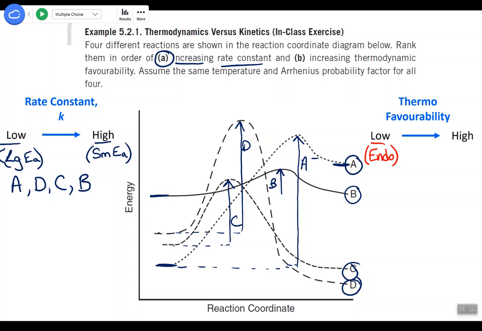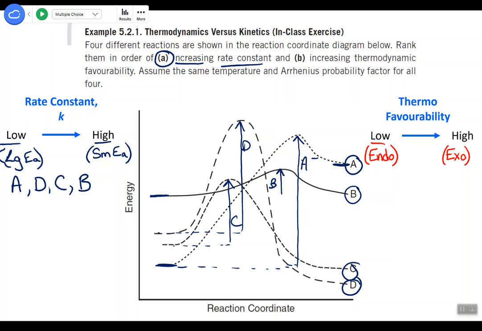In contrast, more favorable reactions tend to be the exothermic reactions, where energy is given off. If energy is given off, that means the products have lower energy or are more stable than the reactants. So now we don't actually care at all about the activation energy. The thermodynamics has nothing to do with the activation energy. Now I simply want to pay attention to the starting point and the ending point.